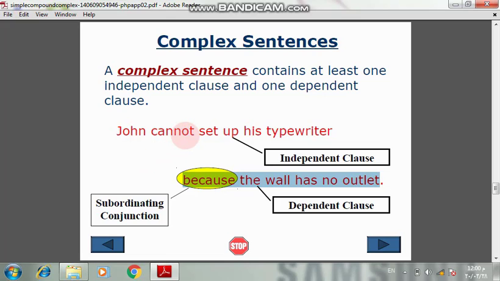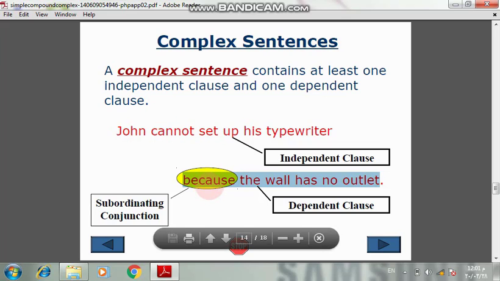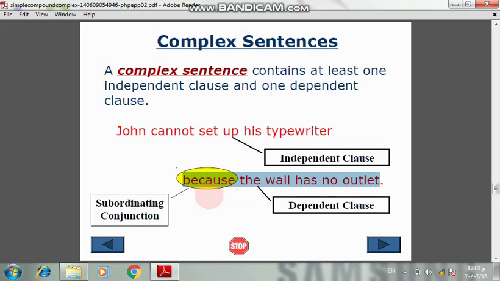If I talk to someone saying, because the wall has no outlet, they'd say, I'm sorry, what did you say? There's something wrong. I can't understand it. So that is the dependent clause, the part of the sentence that doesn't give a full meaning, a full thought.